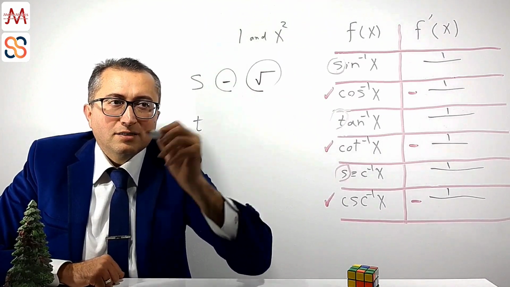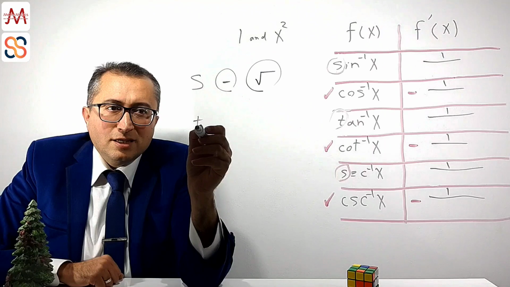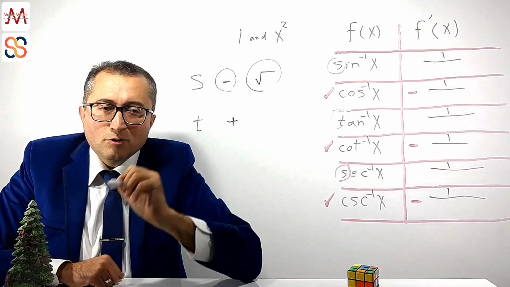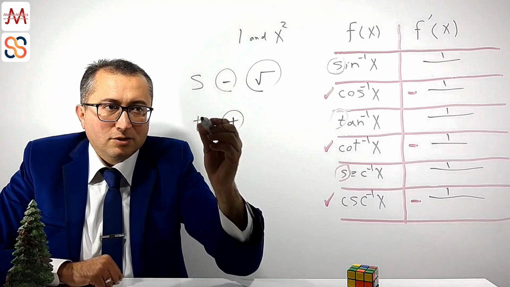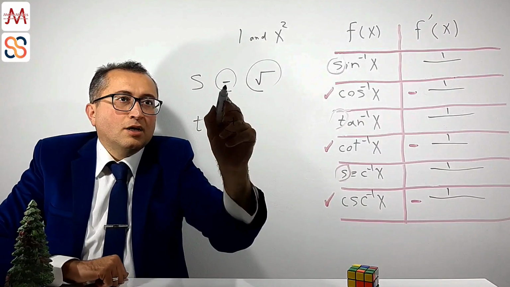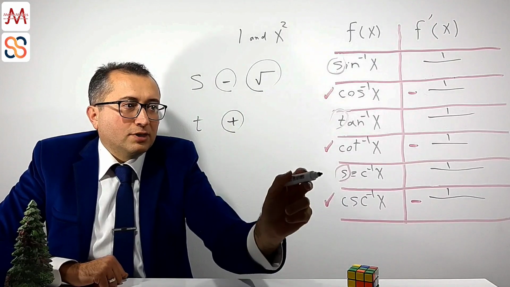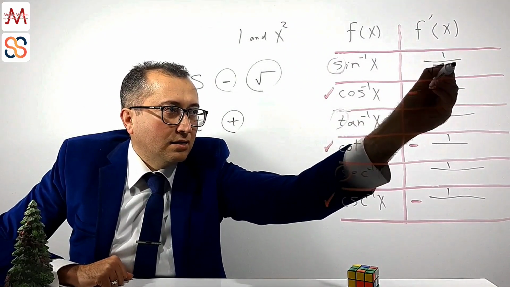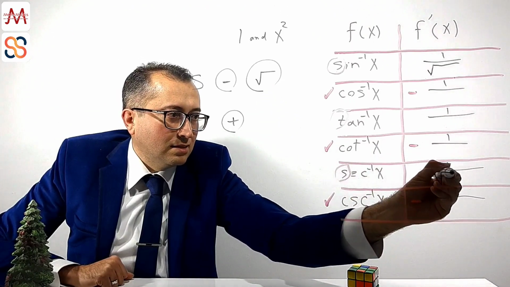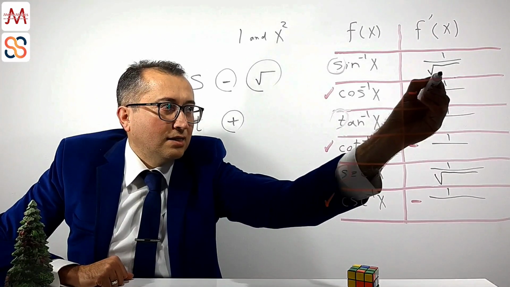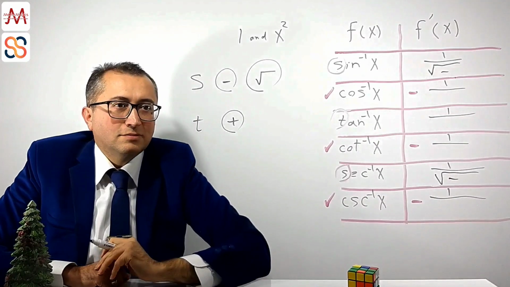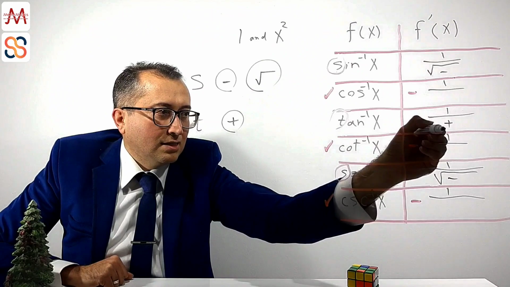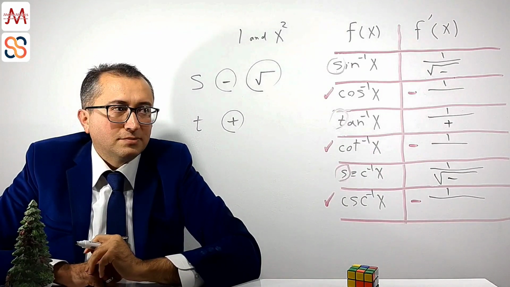We have to consider these two. And this T, as you see, T is something like a cross or plus. So for sine and for secant, consider a radical and a negative sign. T for tangent, consider this plus.